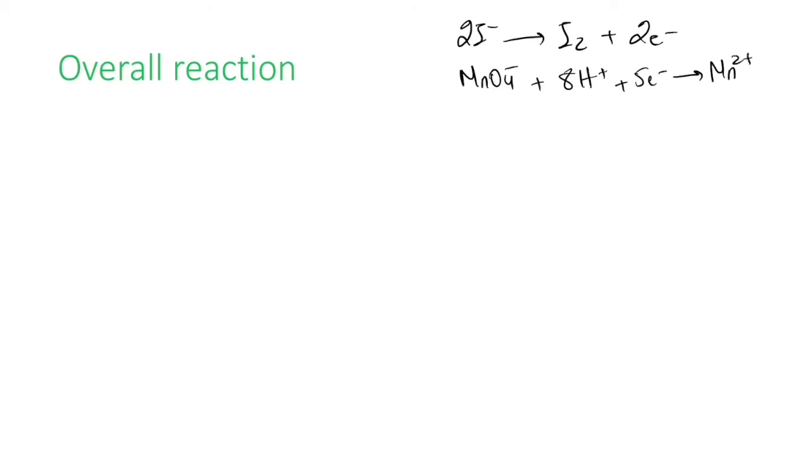So the overall reaction is, we have 2I minus giving us I2 plus 2 electrons, right? And MnO4 minus plus 8H plus plus 5 electrons gives us Mn2 plus plus 4H2O, as I still remember.